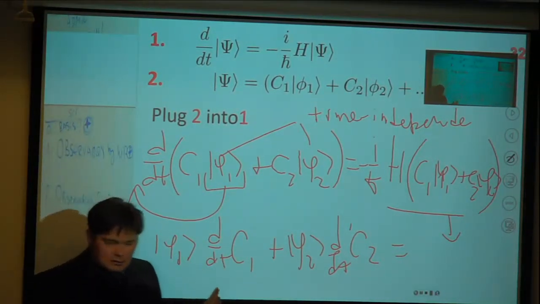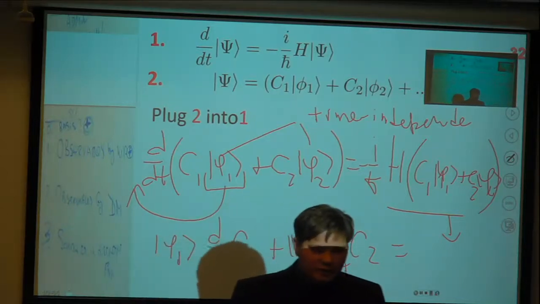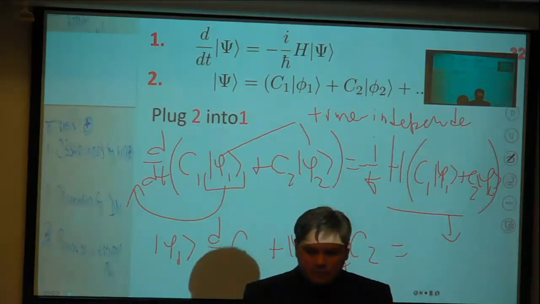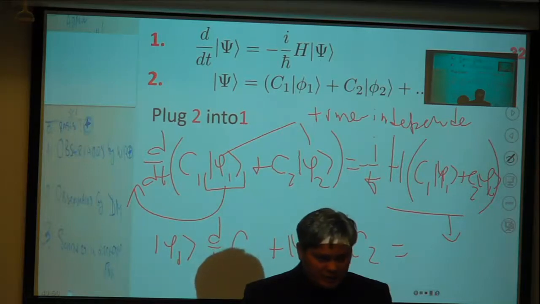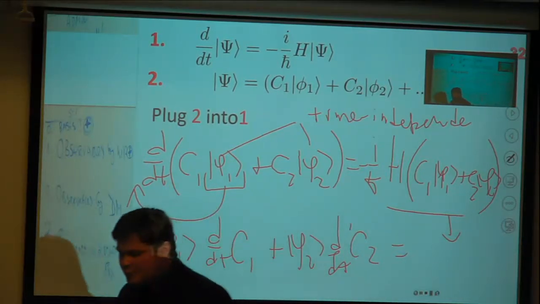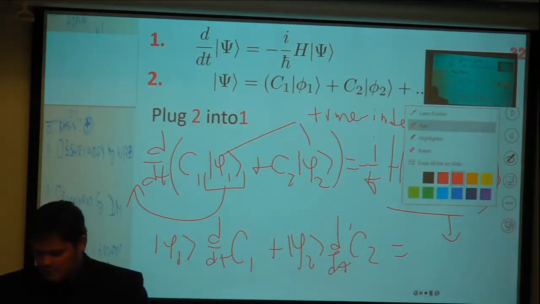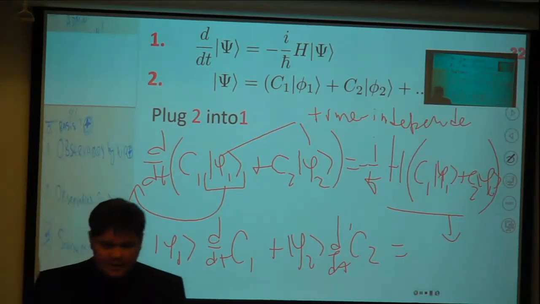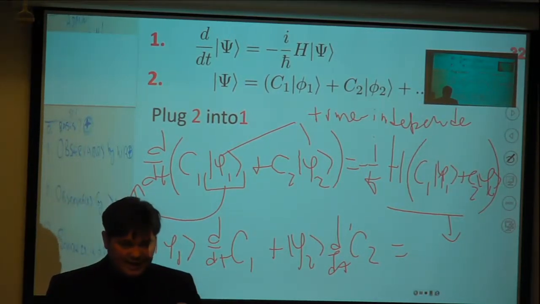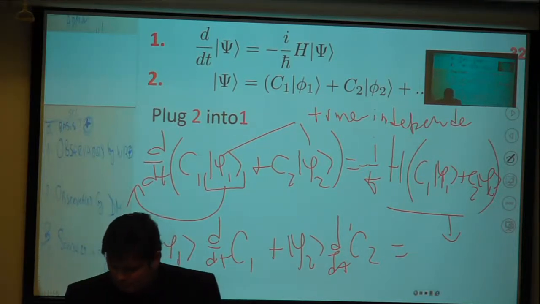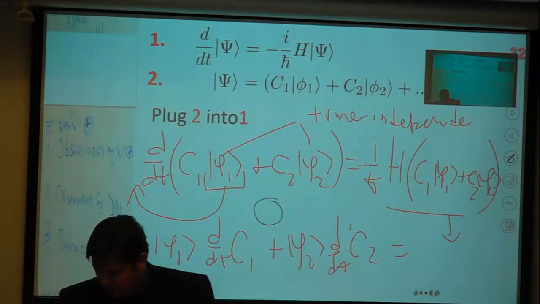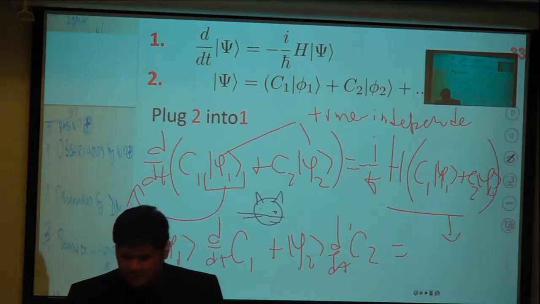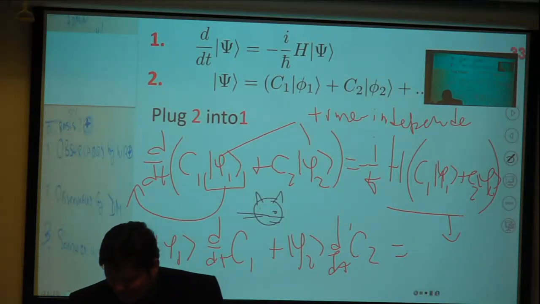But overall, this object is still a wave function because it has these wave functions here and there. But we can apply a standard trick. We can use the orthonormality principle and multiply this expression by a basis function, a bra, from the left.